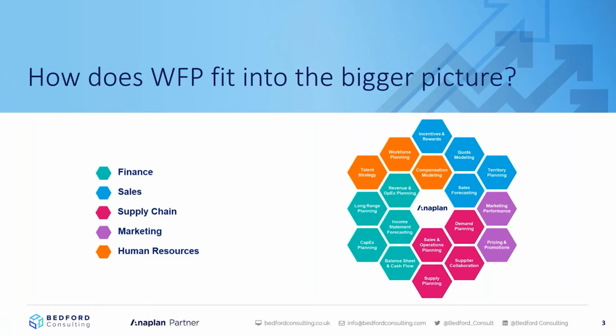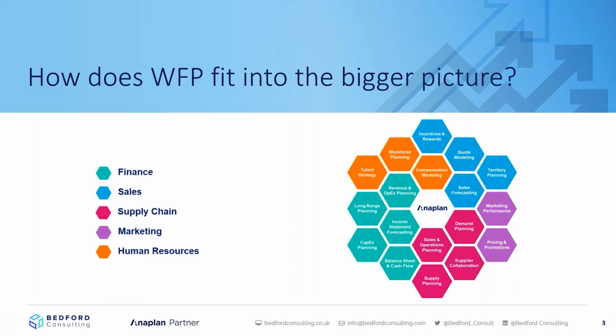And with this honeycomb diagram that you'll probably have seen before, what it's showing us is that the orange honeycombs are relating to HR. And here we're looking specifically at typical use cases in HR, so talent strategy, workforce planning, compensation modeling. But the way that they fit into that big picture is really key.